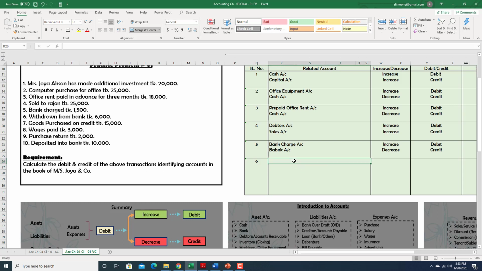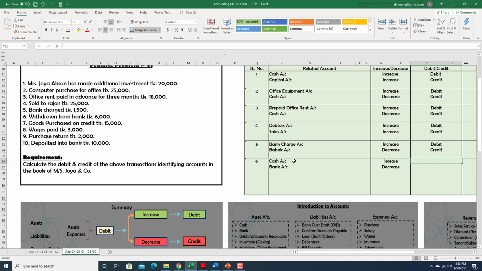So the related accounts are cash account, and since we withdraw the cash from bank, the other account is bank account. So the related accounts for this transaction are cash account and bank account. Since we have extracted cash from the bank, cash increased and bank decreased.